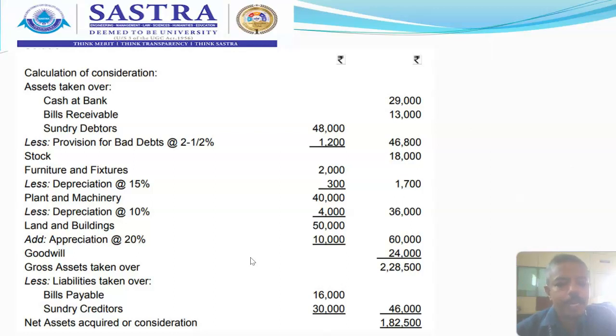And the balance in cash. So now we need to take the 1,82,500 and calculate how the shares and debentures are given and how much of the balance is given in cash. That is what is most important to come across in the calculation.